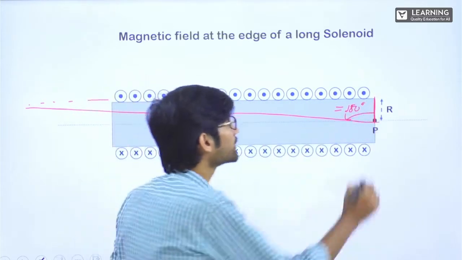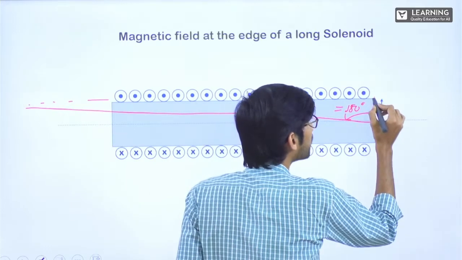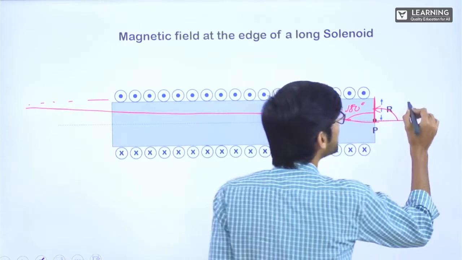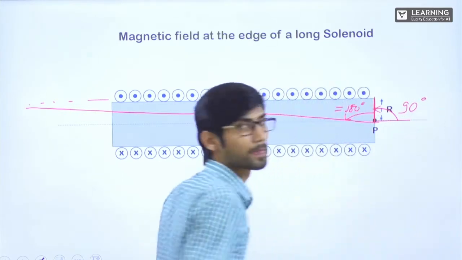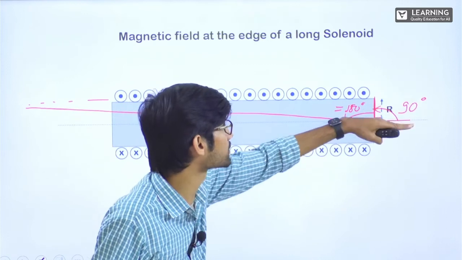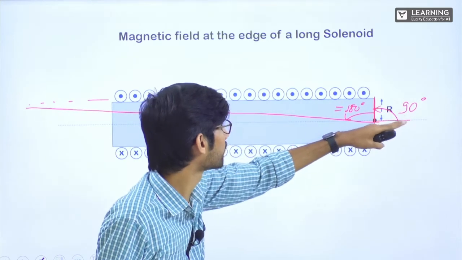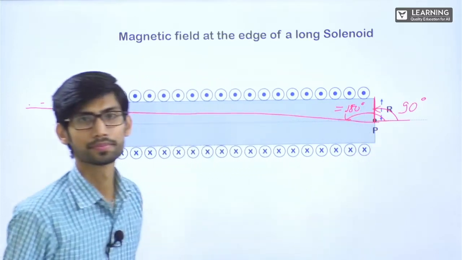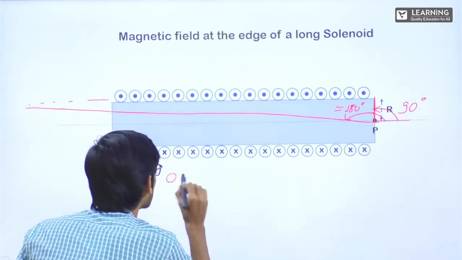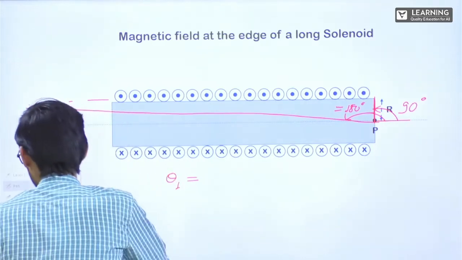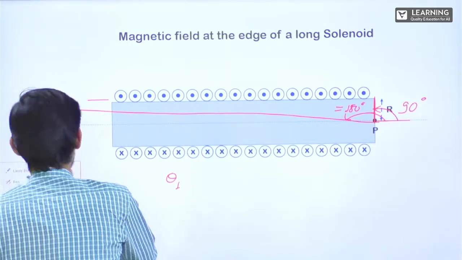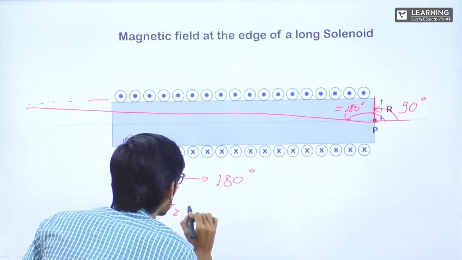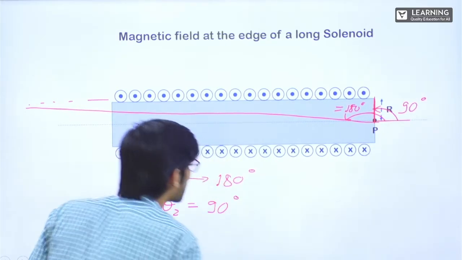So if I connect this other end, the angle from the horizontal is 90 degrees. From horizontal, for the other one, it is complete 180 degrees. So here, basically, theta 1 is tending to 180 degrees and theta 2 is 90 degrees.